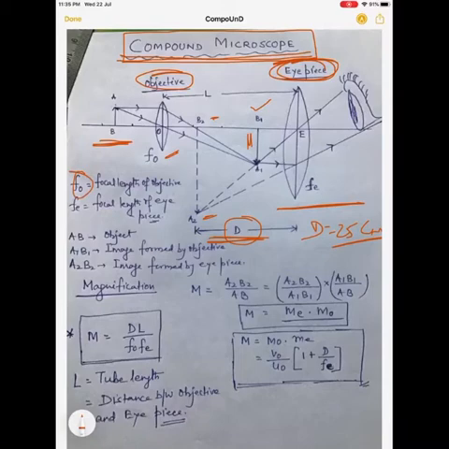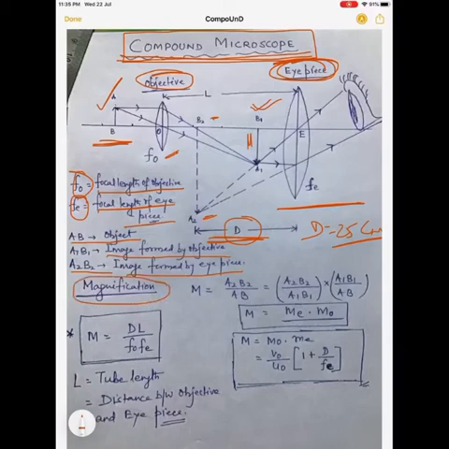So if F0 is the focal length of the objective, FE is the focal length of the eyepiece, and AB is the object, A1B1 is the image formed by the objective, A2B2 is the image formed by the eyepiece, and we want to know the expression for magnification.